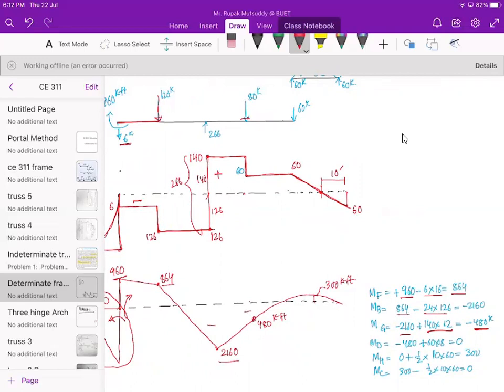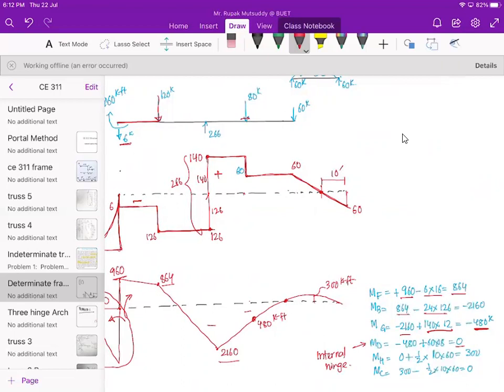And at D, this moment is 0, because it's an internal hinge. And also from the calculation, we find that this is 0.